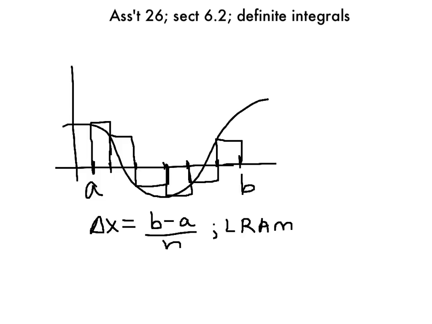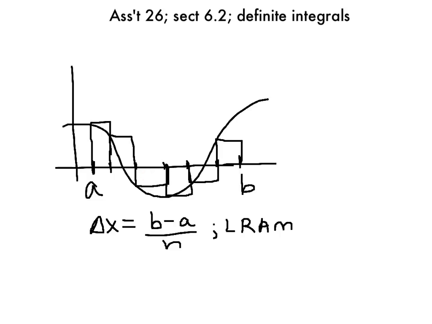We have to understand what the question is being asked at all times. If it's area, then we've got to make each of these expressions positive. When you find each of these rectangles, it's going to be f of x times delta x. As long as the rectangle is above the x-axis, that product will be positive.